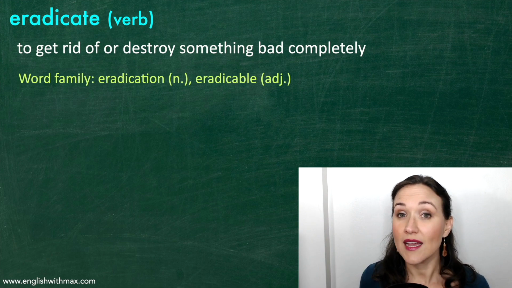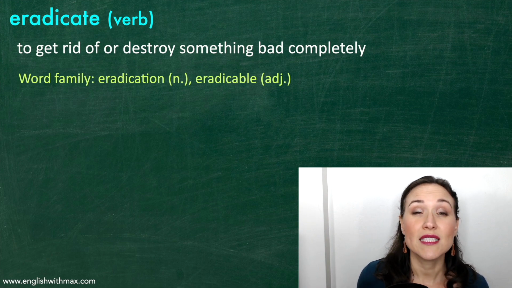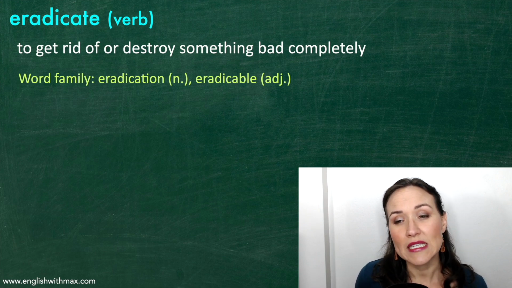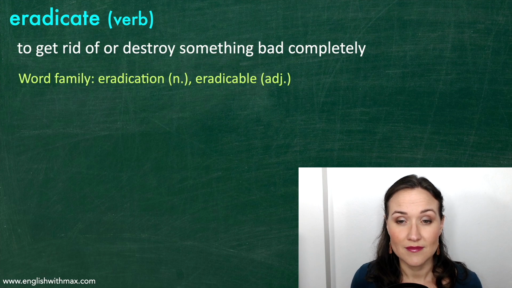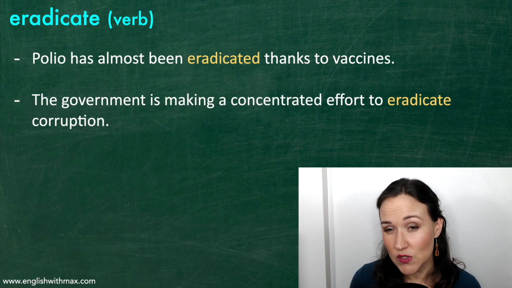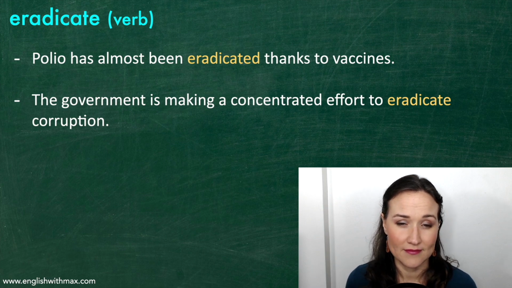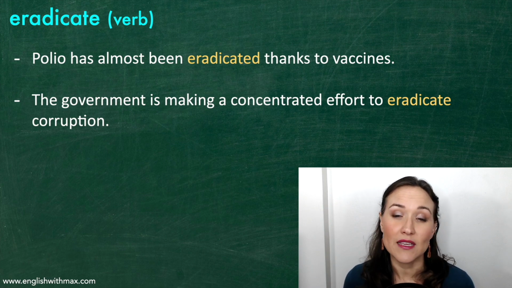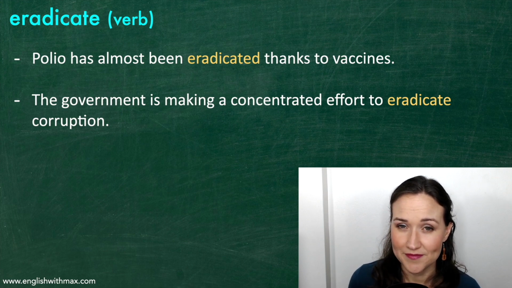And then we have the adjective eradicable. If something is eradicable, it means it can be eradicated. Polio has almost been eradicated thanks to vaccines. The government is making a concentrated effort to eradicate corruption.